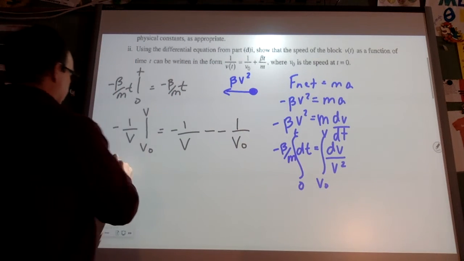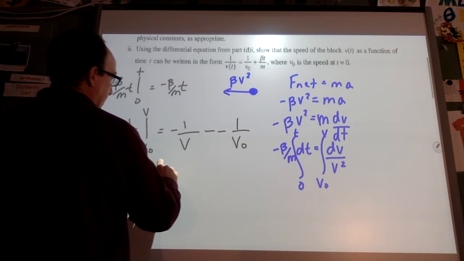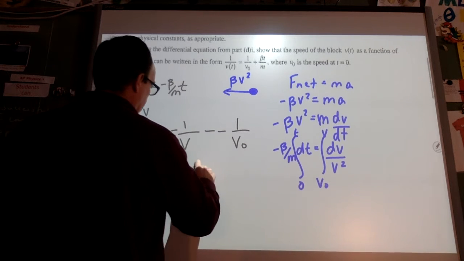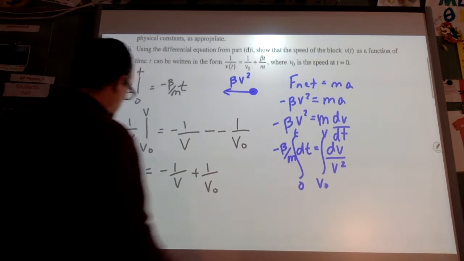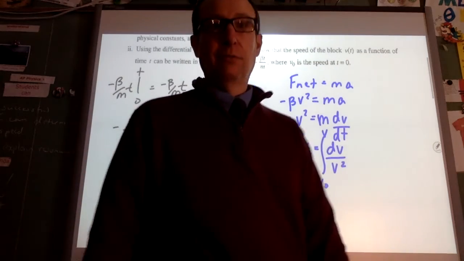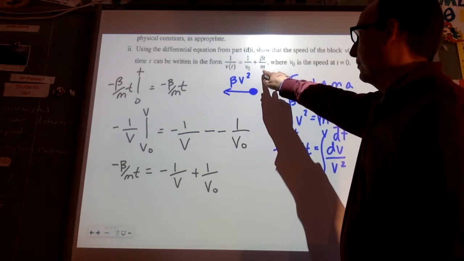So I have that negative beta over m t is equal to, and I'm going to multiply everything by negative 1 to make it a little bit easier, because I'm trying to get somewhere. I want to be there.